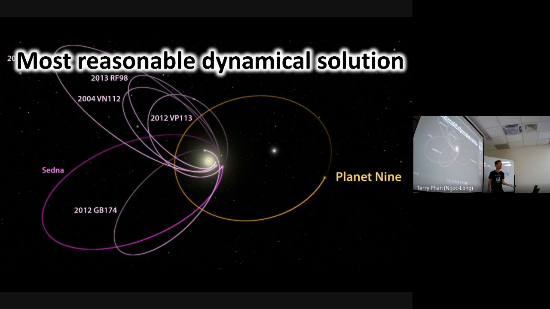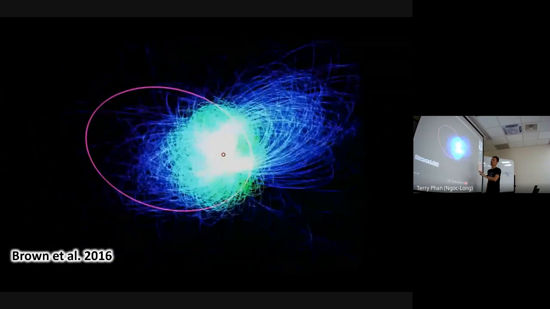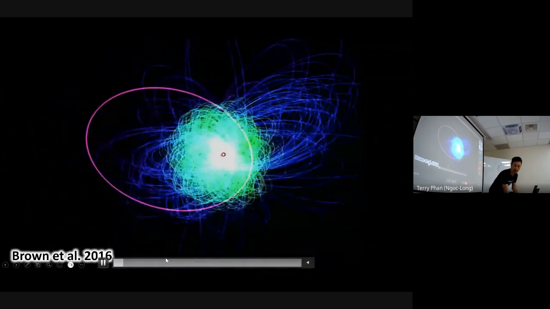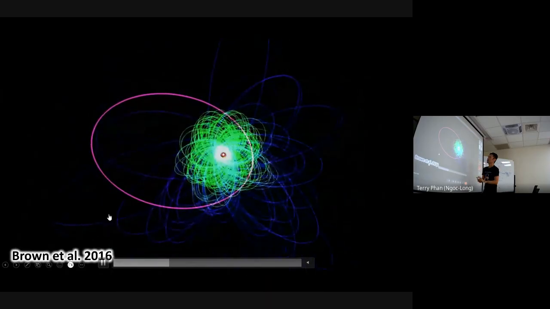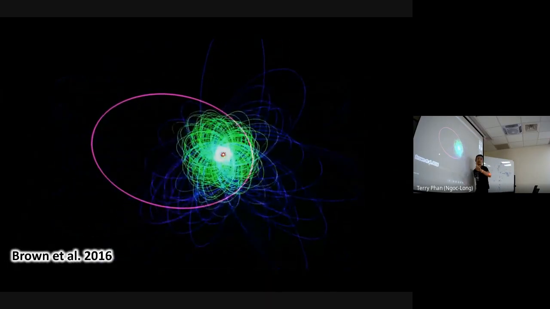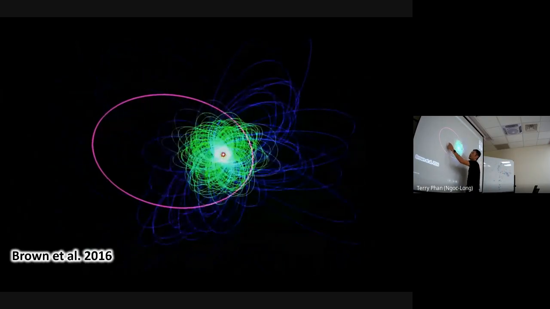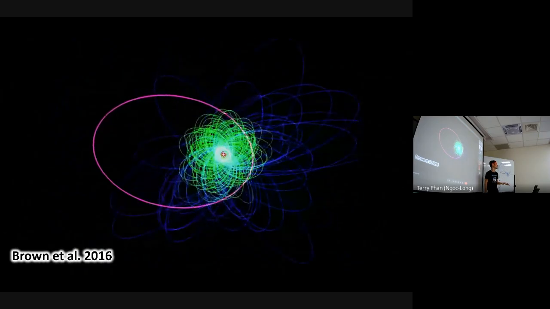So, a perfect explanation. In this simulation, here you start, and this is a long movie. If you notice, this is a planet, right? They did a simulation, and sometimes you notice the objects on this side disappear. That's because they are kicked out by planet 9.